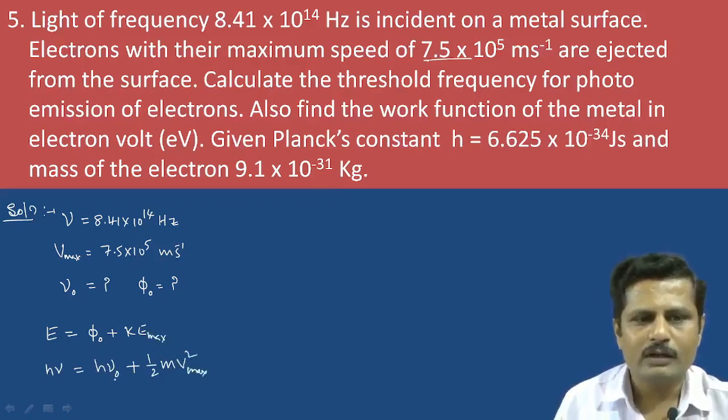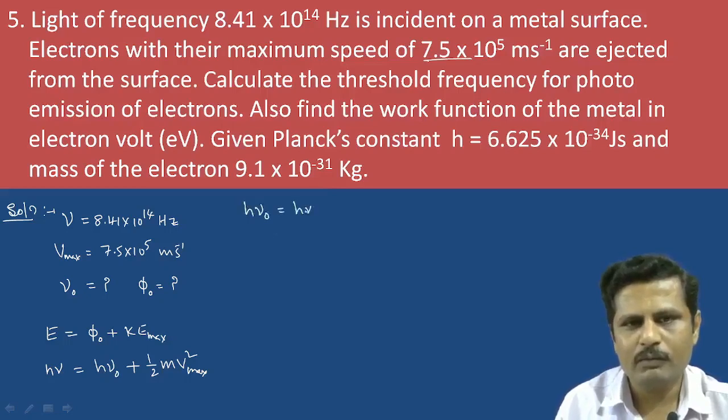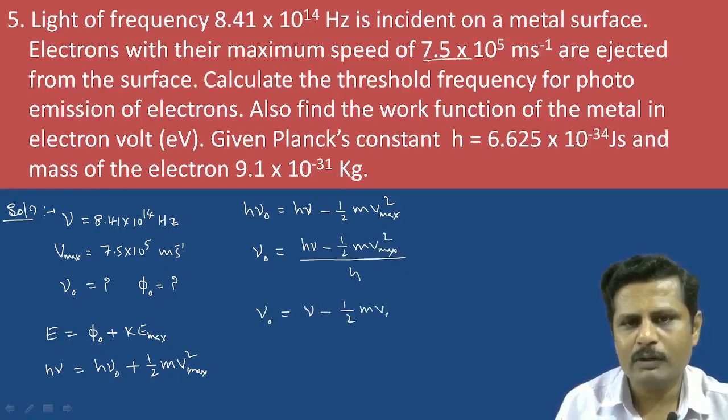Now we need nu naught, the threshold frequency, so make this the subject of the formula: h nu naught equals h nu minus half m v square. So nu naught equals h nu minus half m v maximum square divided by h, that is, nu naught equals nu minus 1 by 2 m v maximum square divided by h.